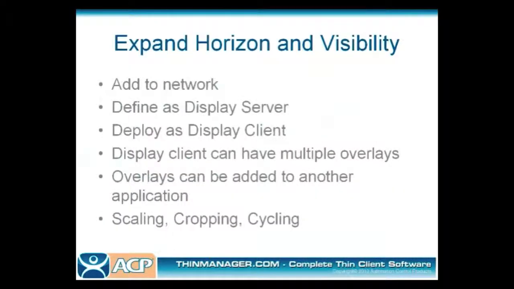So in summary, the IP camera is an easy way to expand the horizon of the operator and to increase visibility on the plant floor. You add the camera to the network using the configuration tools that the camera provides. You define it as a display server, and you deploy it as a display client. And you can have that display client have multiple overlays, a single camera or multiple cameras.